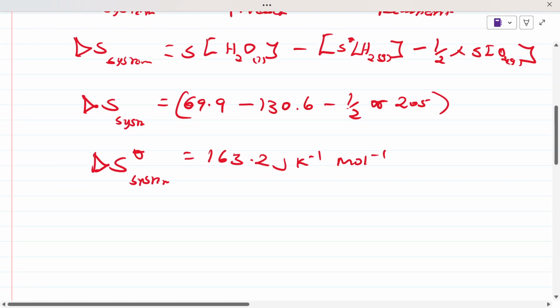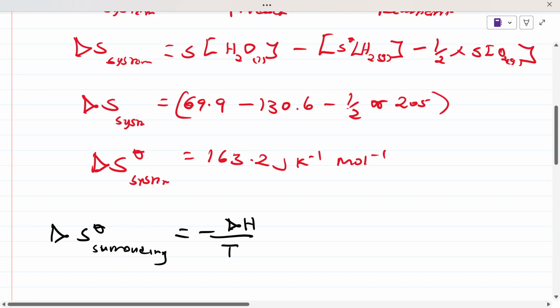And now, in calculating, I'm going to use a different color so that we can see the difference. In calculating entropy of the surrounding, we agreed that we are using negative enthalpy change all over temperature.